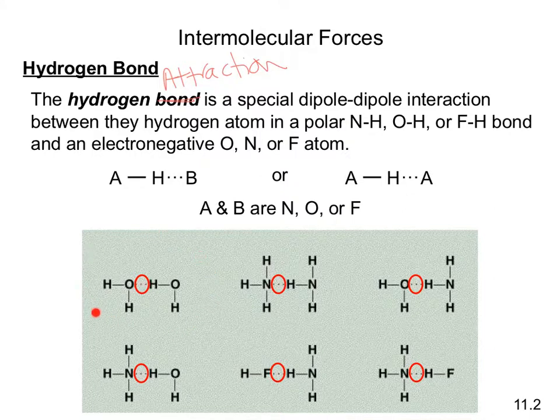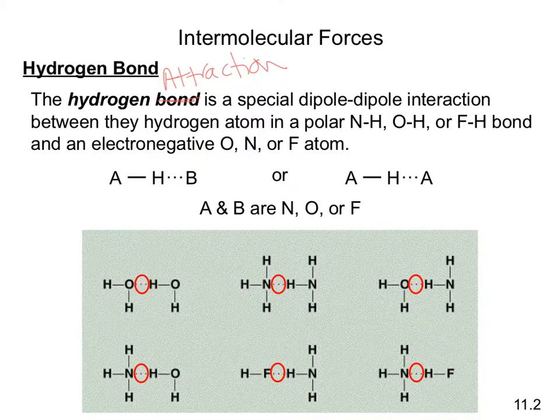So here we have water to water. The O is attracted to the H. Here we have ammonia, NH3. The N is attracted to the H. And so, since these both have hydrogen bonds, water and ammonia can be attracted to each other. The third one is hydrofluoric acid, HF.